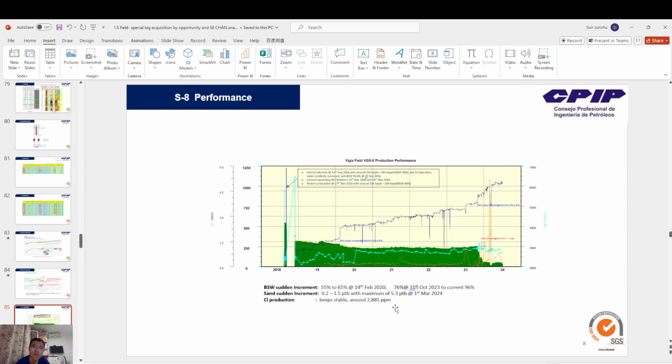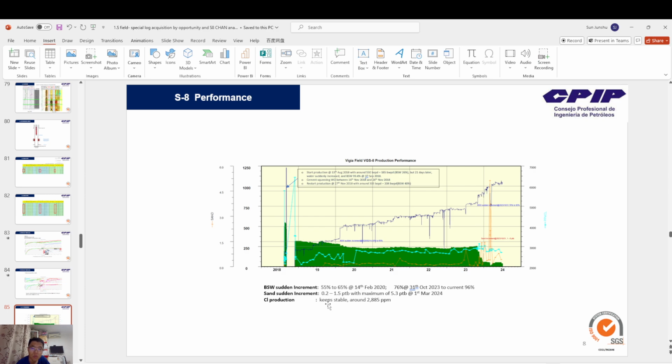This is the production performance. You can see BSW suddenly increased from 55% to 65% in February 2020. And then at the end of October 2023, the BSW increased from 76% to current 96%.